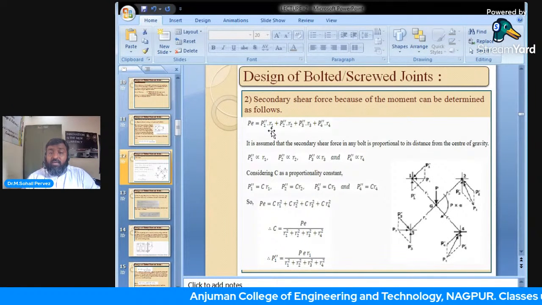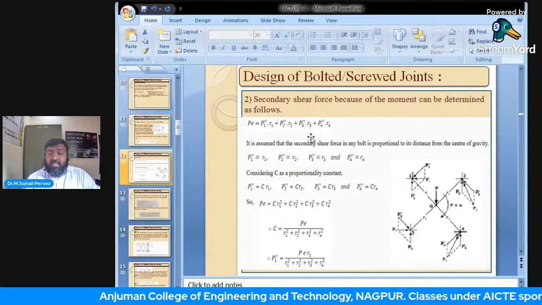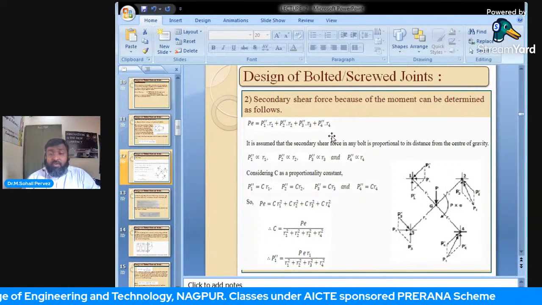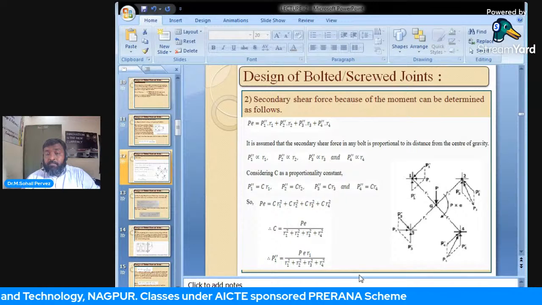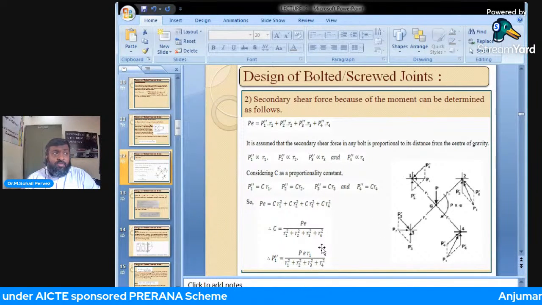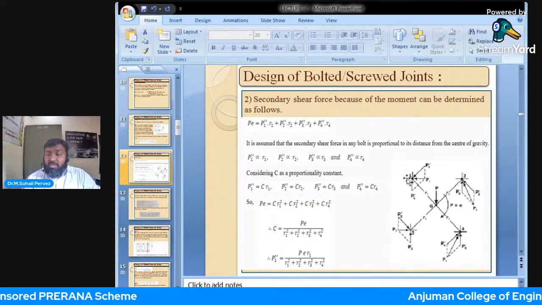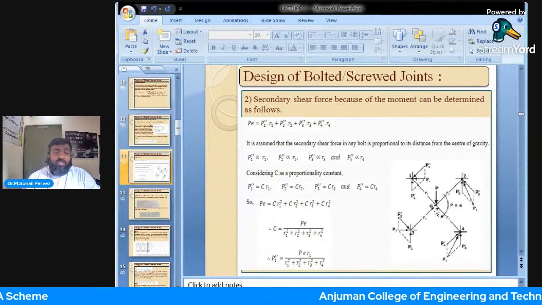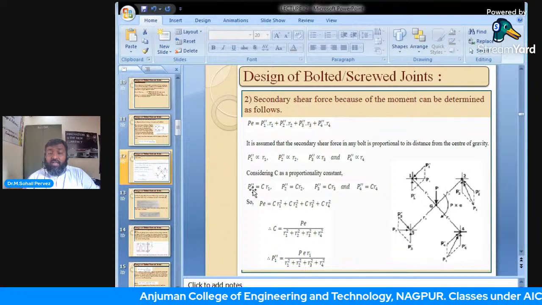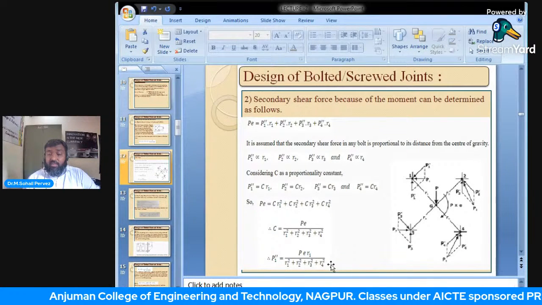That is P1 double dash R1 plus P2 double dash R2 plus P3 double dash R3 plus P4 double dash R4. It means that the secondary shear force is directly proportional to its distance from the CG of the rivet or the screw system.